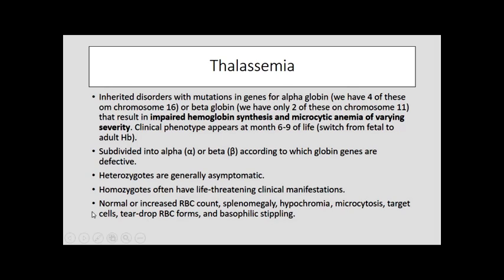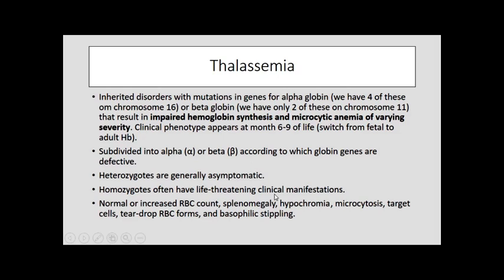These people are going to have a normal or increased red blood cell count. Okay, remember, the problem is in the globin gene, in the quality of the hemoglobin. It's not in the production of the cells, but in making the protein. It makes more or normal amounts, but defective.